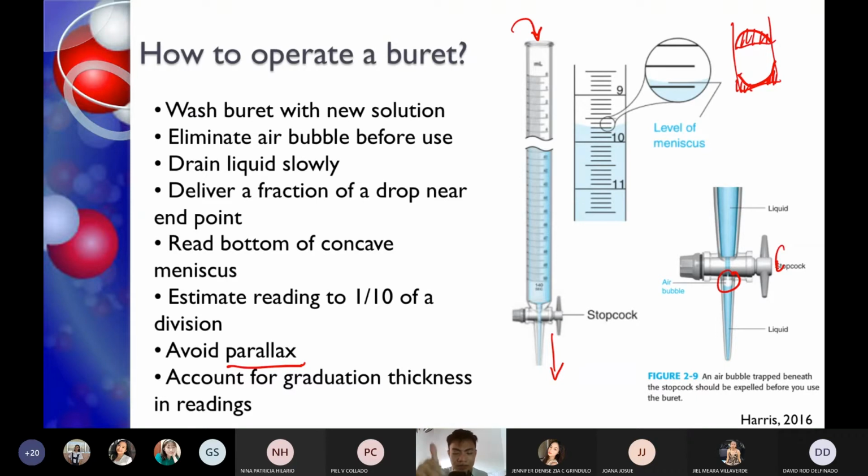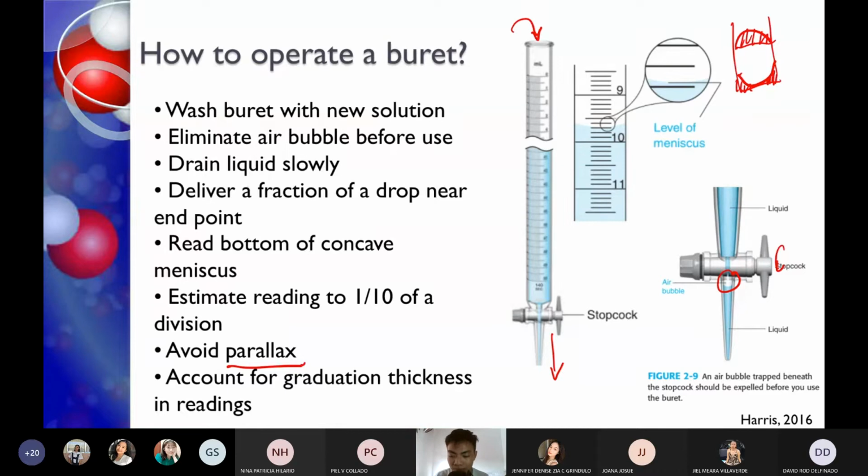Okay lang 'yon, but just be careful. Maski ako ganun eh. Minsan tatanggalin ko pa siya sa clamp para makita ko at eye level. So never titignan mo siya na nakatingala ka or nakayuko ka.